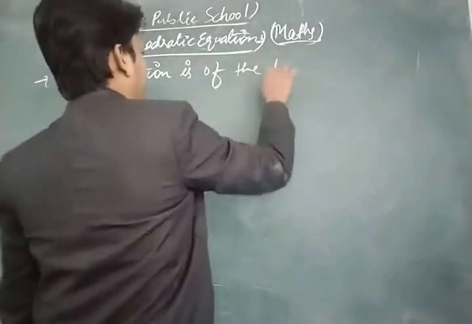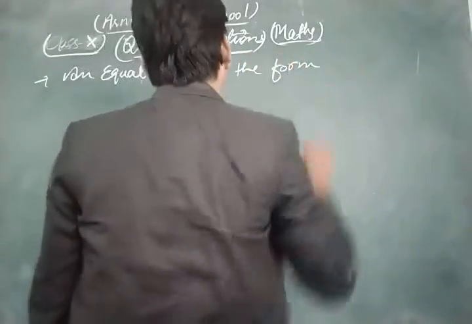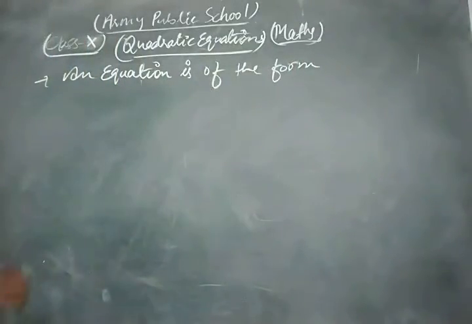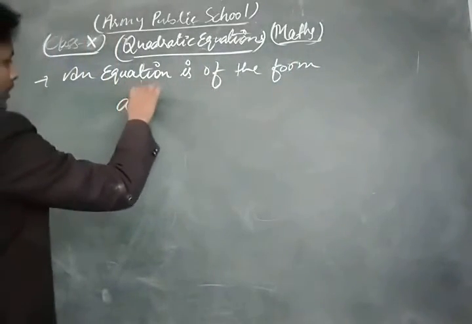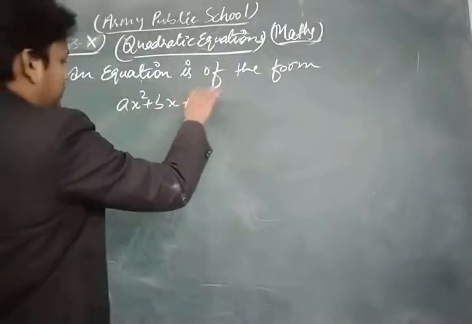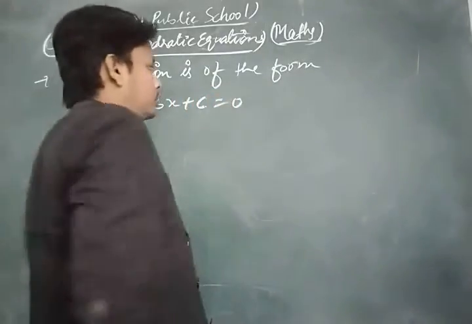is of the form ax square plus bx plus c is equal to 0.